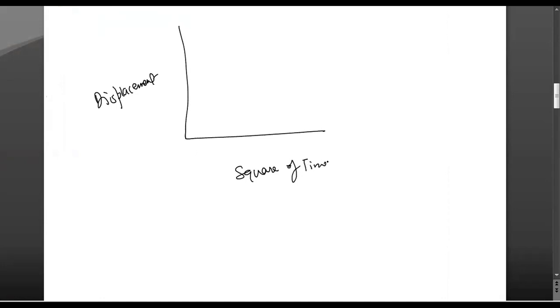Suppose you have a graph like this, where an object covers a distance proportional to the square of time. This is 5 meters, 10 meters, 15 meters, and this is 20 meters, against 1, 4, 9, 16, 25.